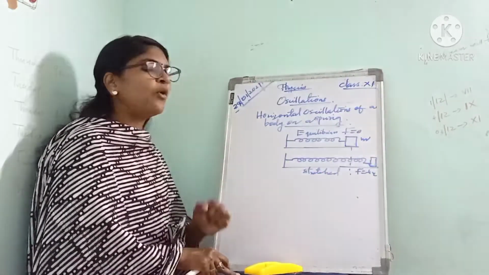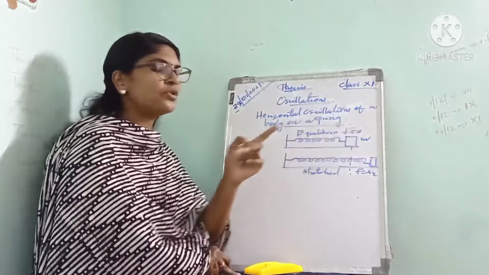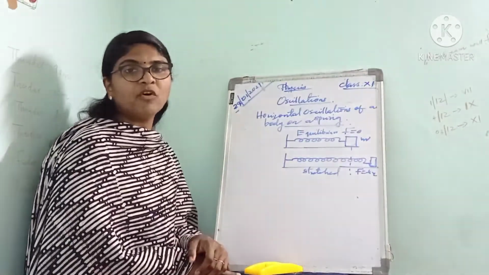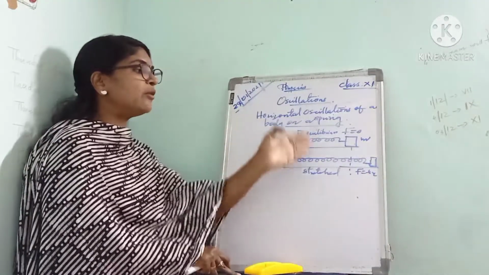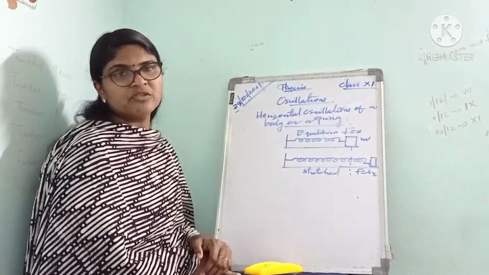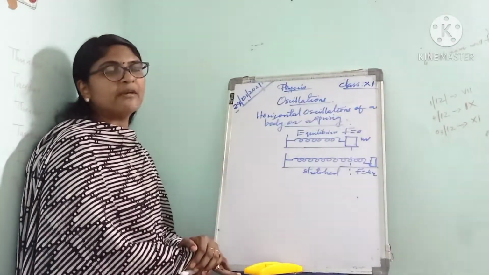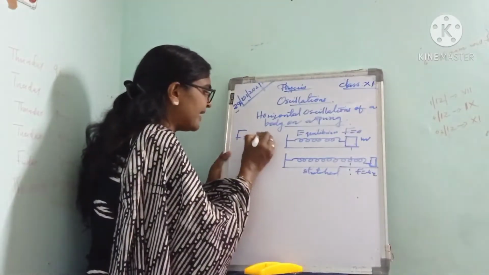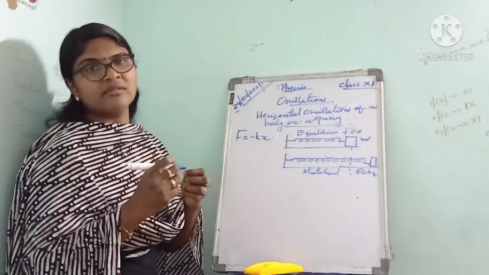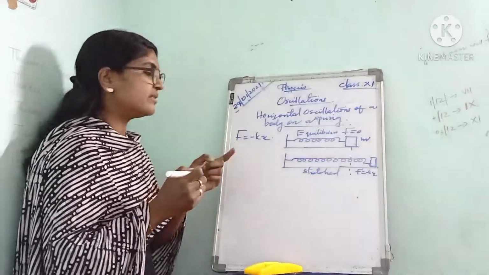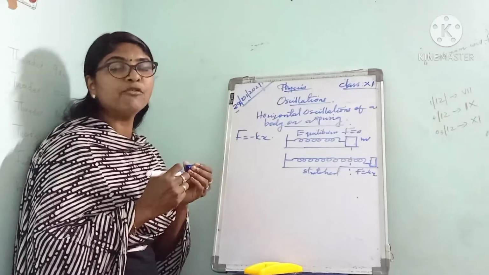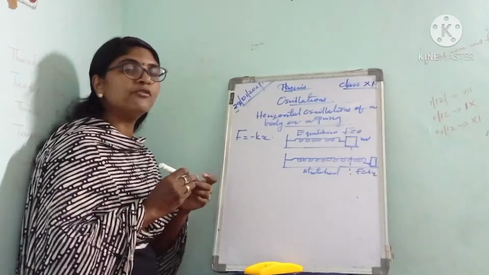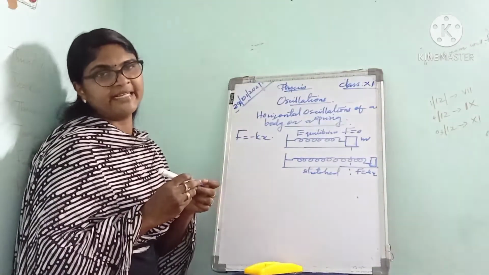If the body is pulled to its right through a small distance x and released, it oscillates back and forth about the mean position under the restoring force F equal to minus kx, where k is the force constant. The negative sign indicates that the force and displacement are in opposite directions.